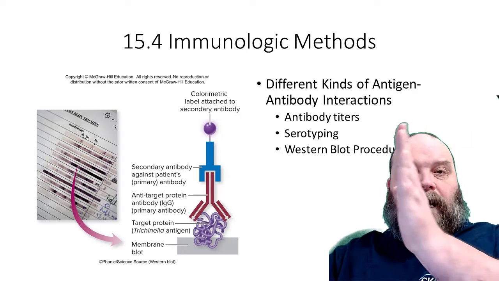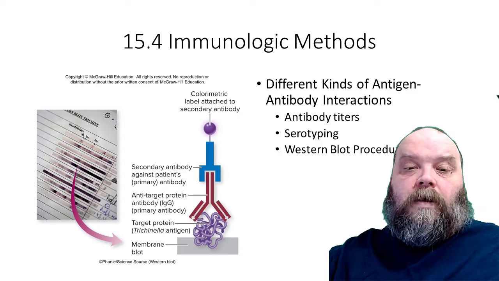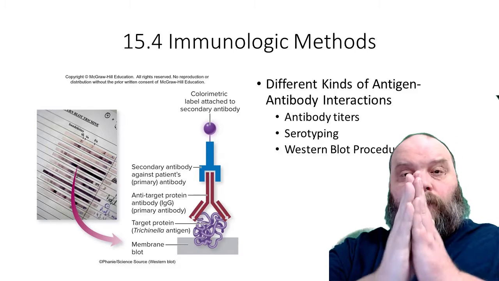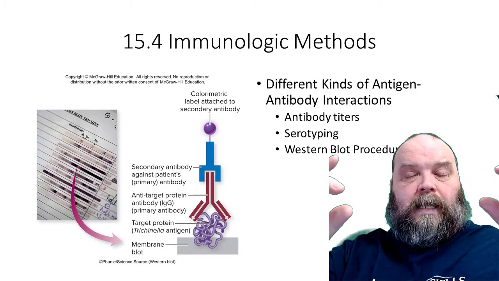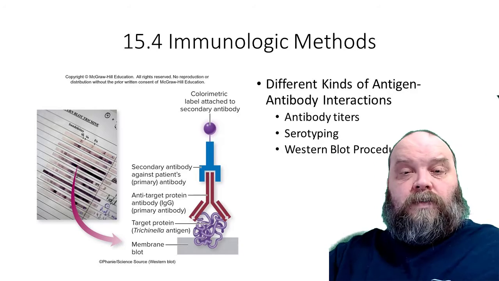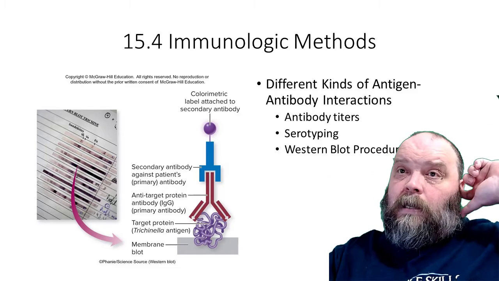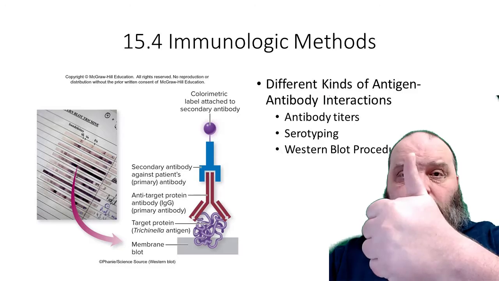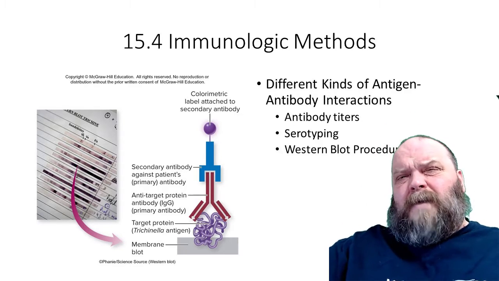Each of the different lines is a different protein from a virus, a bacteria, whatever, that were separated out using electrical fields and then applied to paper, and a patient's serum was exposed. So you can look at the banding pattern to see, one, was the patient ever exposed, and two, which proteins are they making antibodies to?